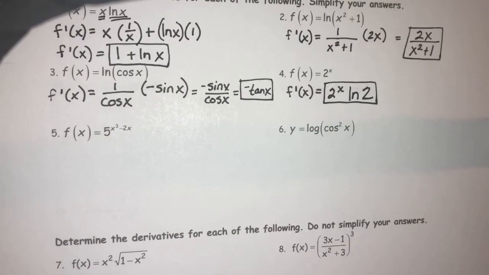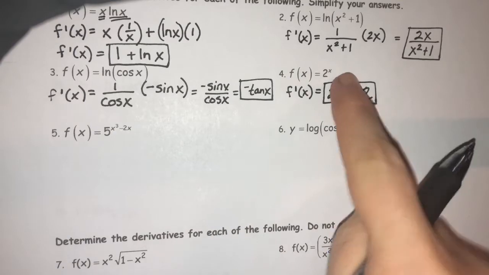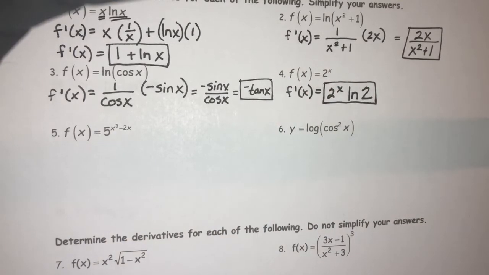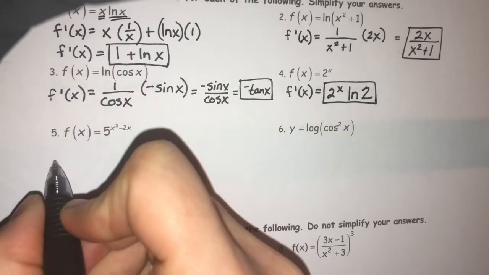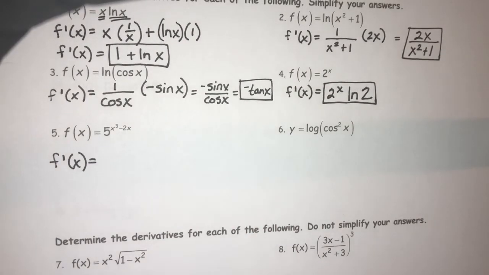Number 5, f of x is equal to 5 to the power of x cubed minus 2x. This one is like number 4, except for we have an inside function in the place of the x. So this is a chain rule problem. So we're going to take the derivative of the outside function, which is 5 to the x power.